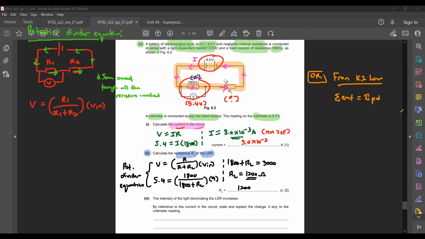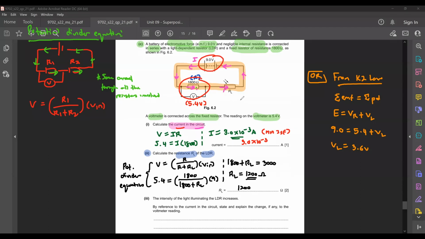So E equals VR plus VL. It will be 9.0 equals 5.4 plus VL. So VL here would be 3.6 volts.